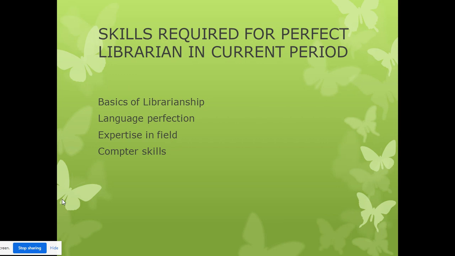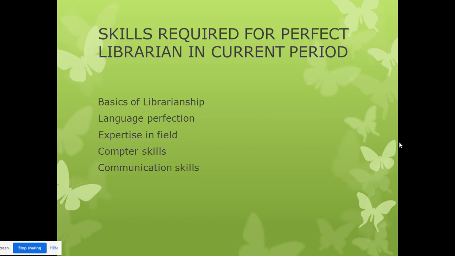Then computer skills. Sorry, there is a mistyping. So another is computer skills. You should be at least computer literate to be a perfect librarian. You must know the basic computer skills, basic computer literacy. Communication skills.